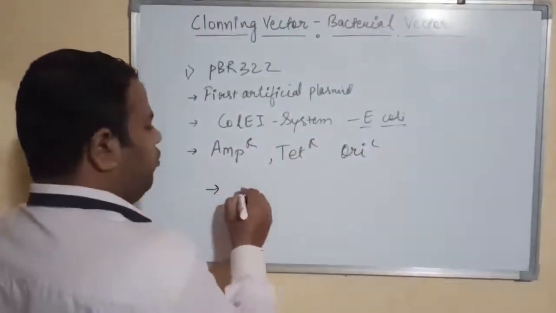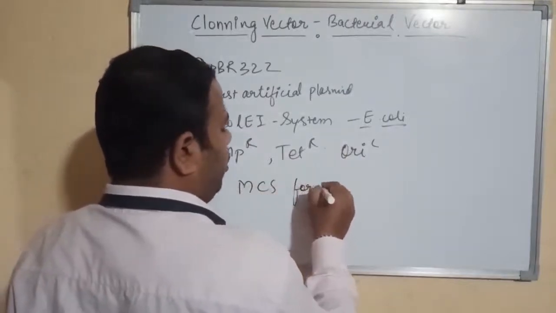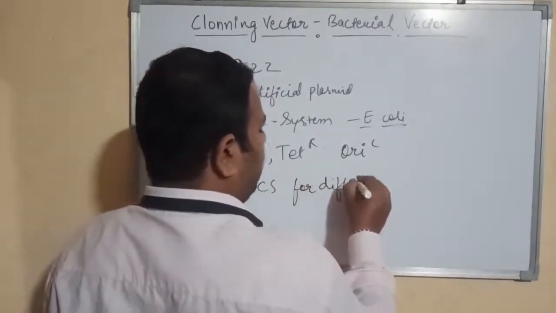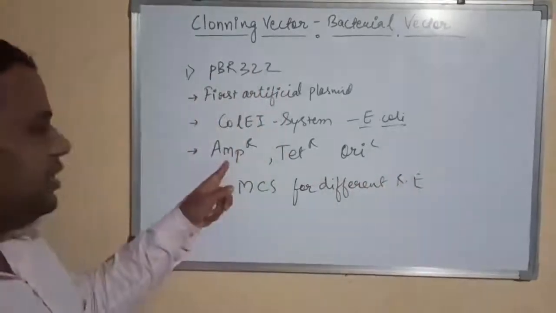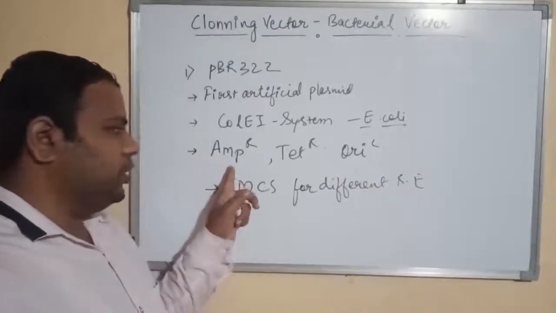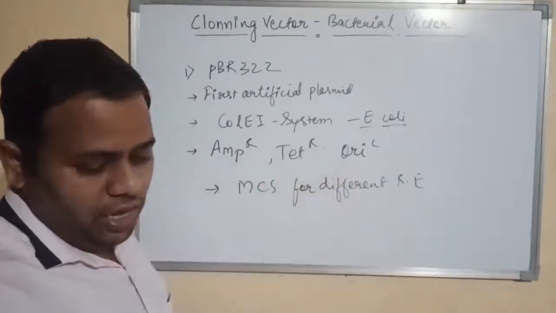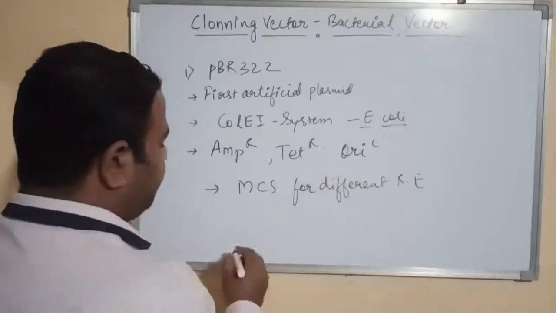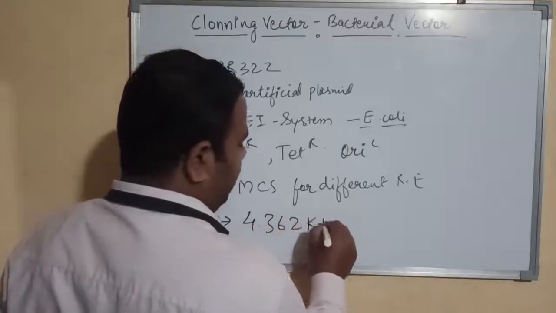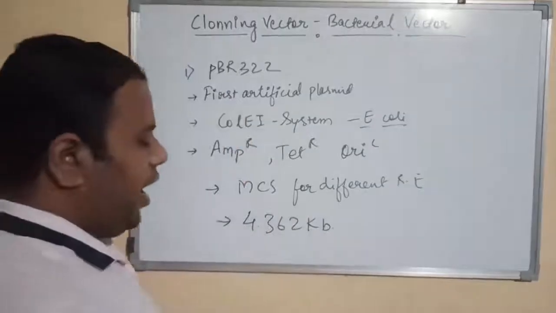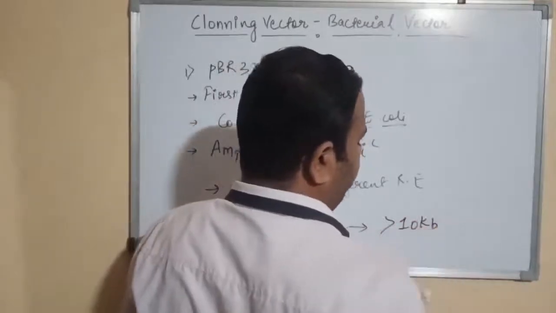And there is a presence of multiple cloning sites for different restriction enzymes, and these sites are present in the ampicillin gene also, in the tetracycline gene also. The size of this pBR322 is 4.362 kb, and it can be used for cloning fragments of interest less than 10 kb.